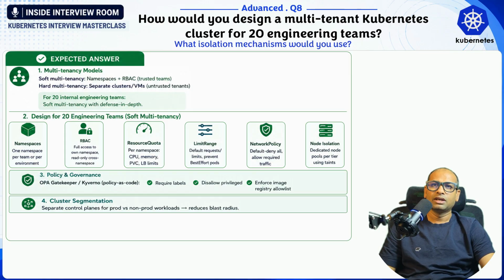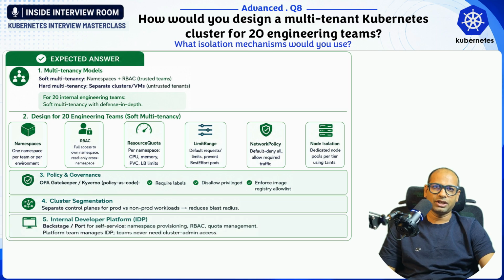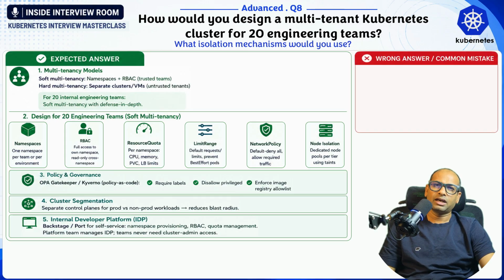Cluster segmentation: separate control planes for prod versus non-prod, which shrinks your blast radius. And an internal developer platform, Backstage or Port, for self-service namespace provisioning, RBAC, and quota management.